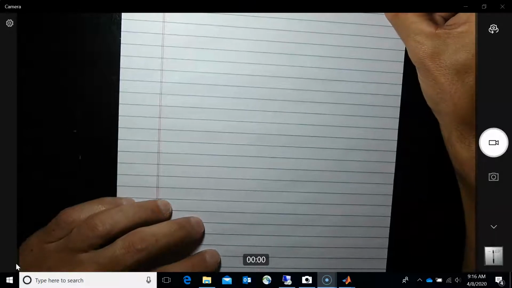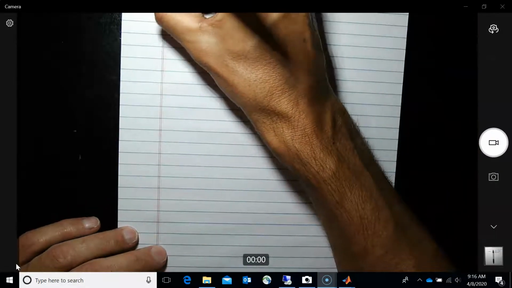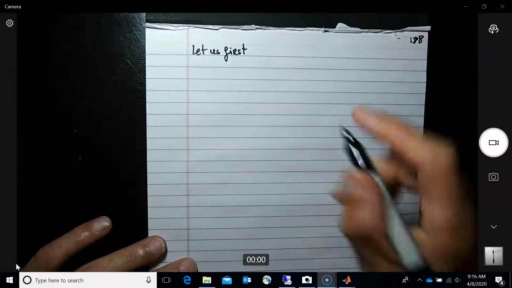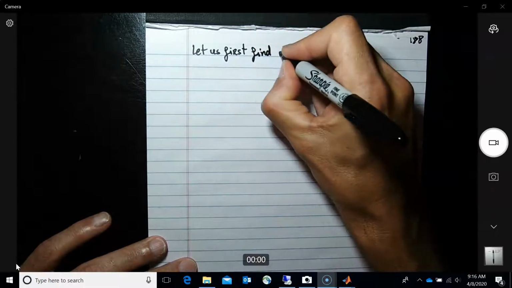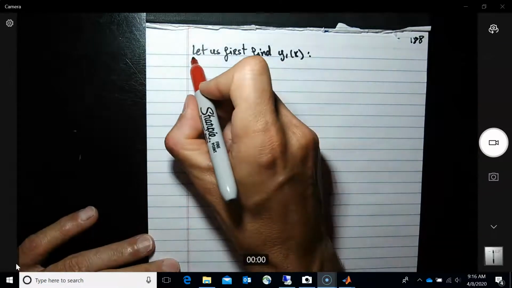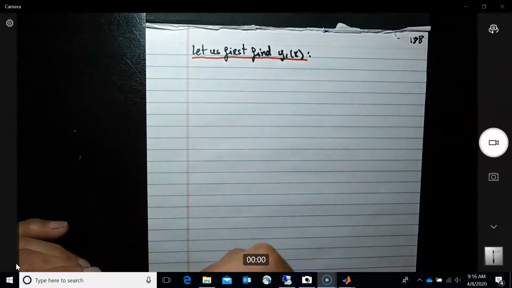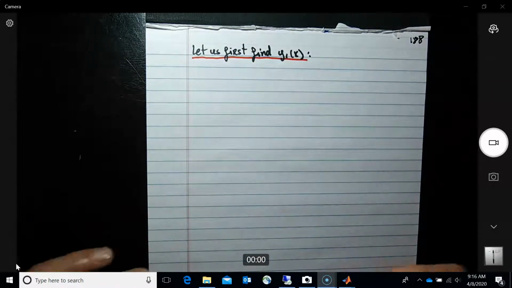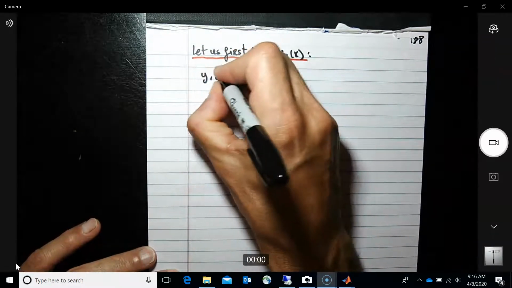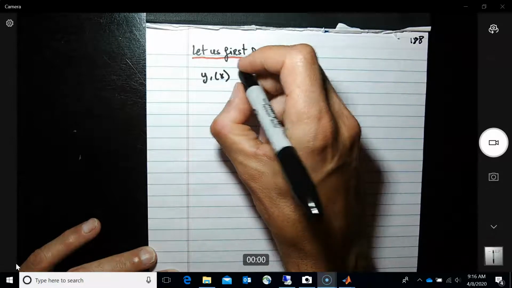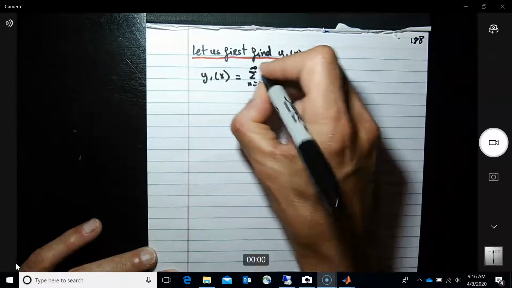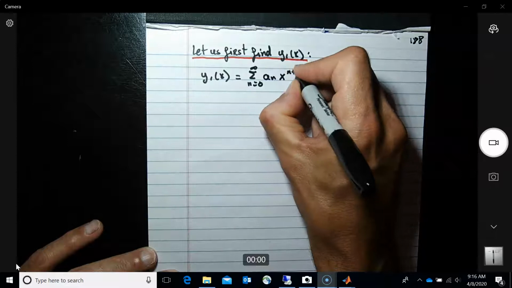Okay, so let us first find y sub 1 of x. So we know that y1 of x is what? Summation n equal to 0 to infinity a sub n x to the n plus k.